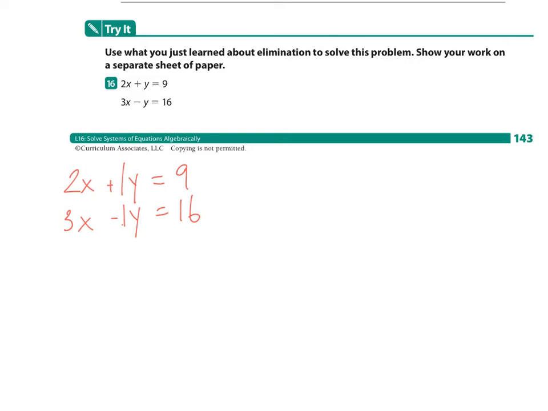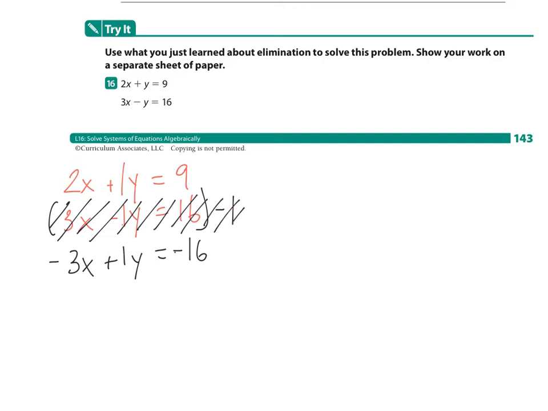All right, so I will choose to multiply this equation by negative 1. When I do that, it turns into negative 3x plus 1y equals negative 16. Okay. Let's go ahead. All right, you can forget that this equation is here now. And now we're going to subtract.